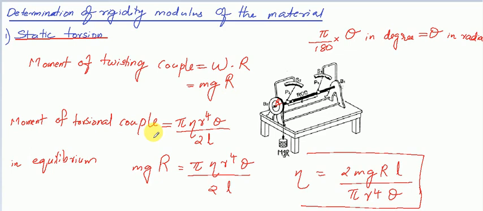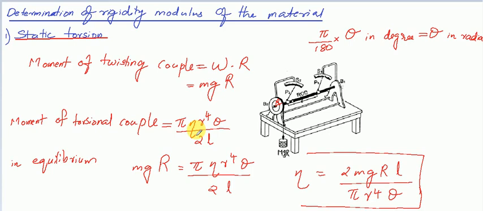And the moment of torsional couple set up inside the rod is pi eta r raised to 4 theta divided by 2L. This expression we already derived in the 6th module, where eta is the rigidity modulus of the material.